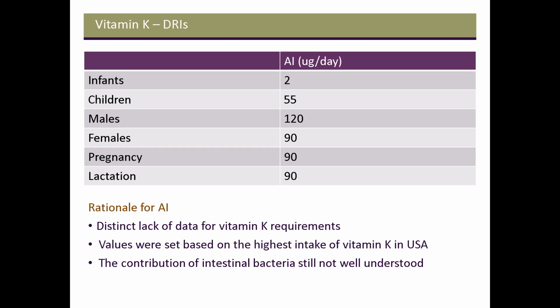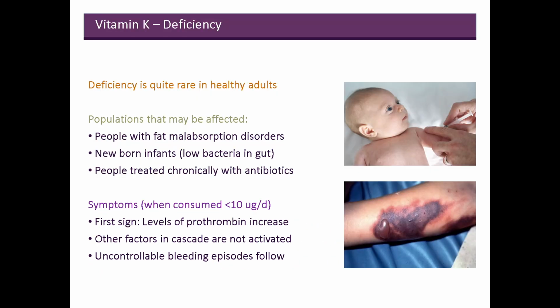As we mentioned before, menaquinone is synthesized by intestinal bacteria, but the contribution of intestinal bacteria is still not well understood. In terms of deficiency, vitamin K deficiency is pretty rare in healthy adults. Populations that may be affected are people with fat malabsorption disorders.